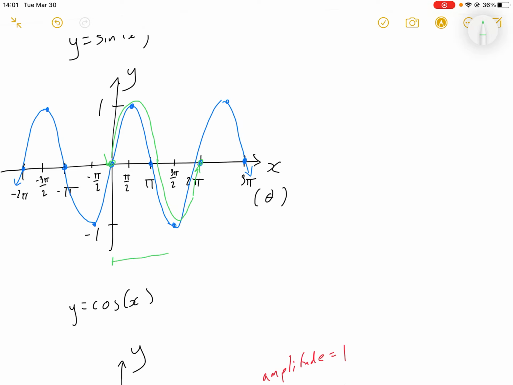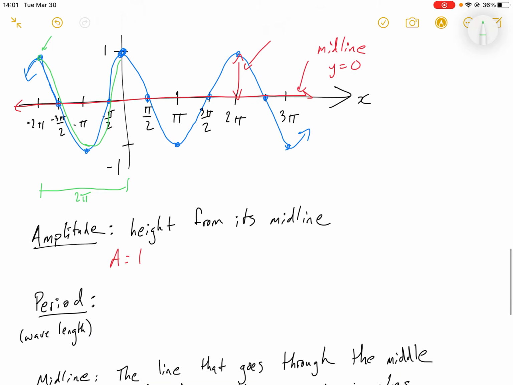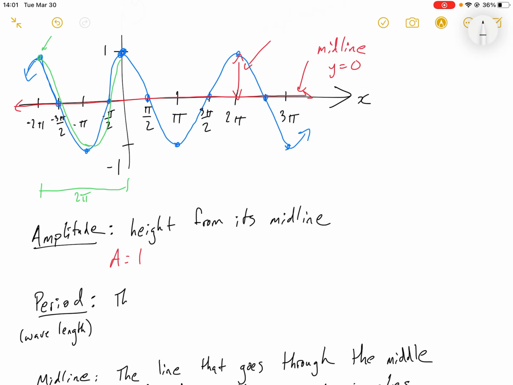The distance it took me to do that was 2 pi. Alternatively, let's say we're looking at cosine. Let's say I start up here, I come down, and then I head back up again. And so once again, this distance is 2 pi.